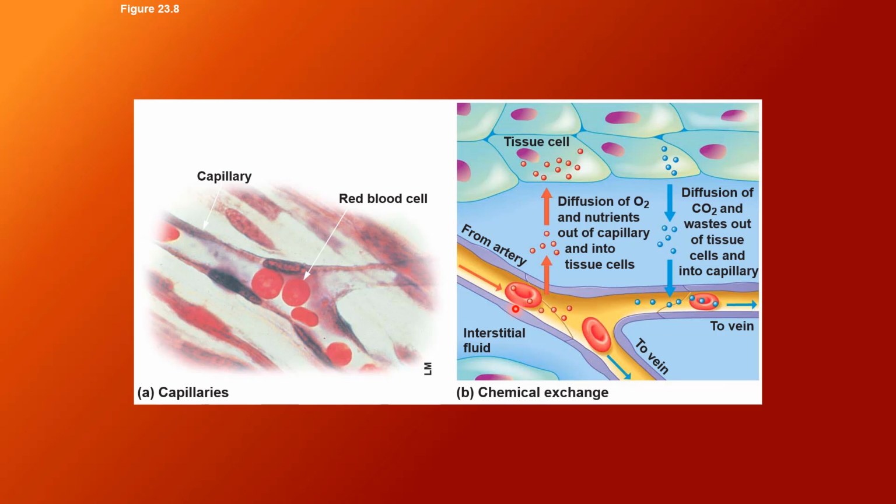This is a capillary, the smallest of blood vessels, but we also have nutrients such as glucose that's utilized in cellular respiration. Both oxygen and nutrients are going to diffuse into the tissue cells for utilization, such as cellular respiration. And waste products such as carbon dioxide and other metabolic waste products have to diffuse out of the cell, be picked up by the cardiovascular system, and transported to the appropriate organs for excretion.